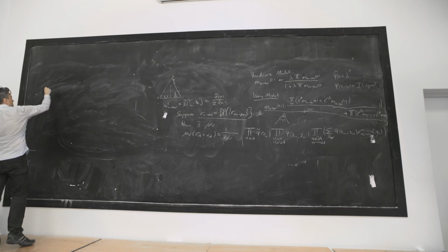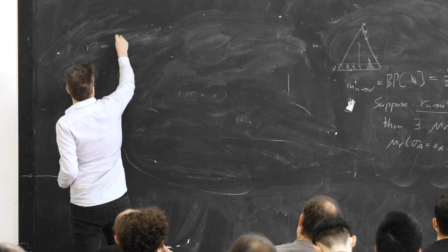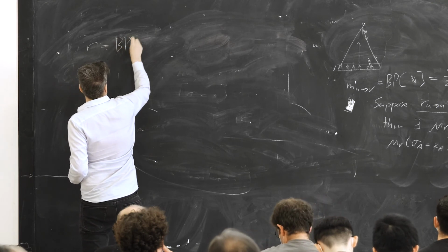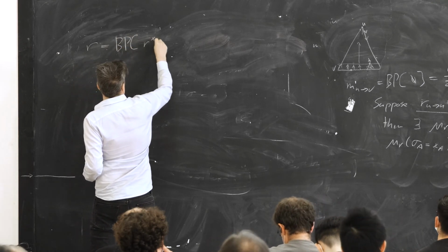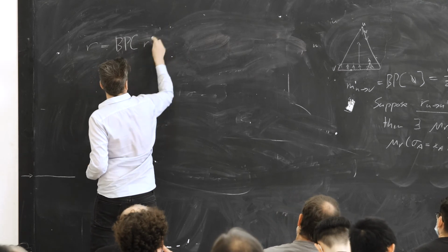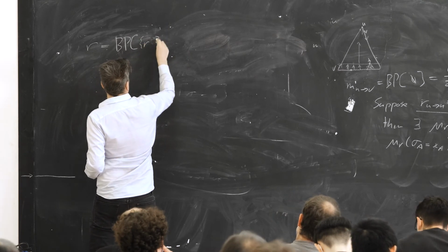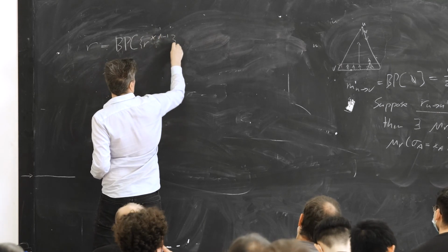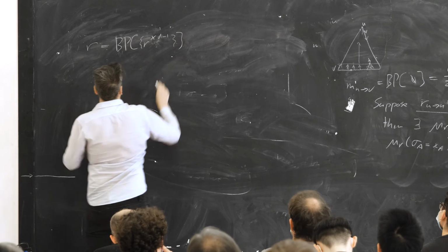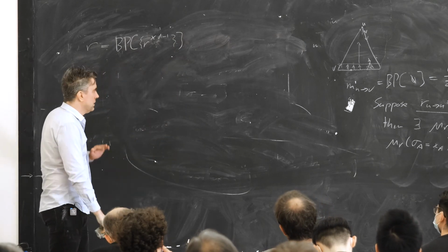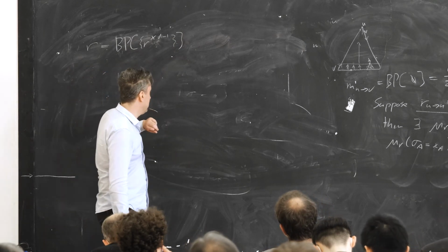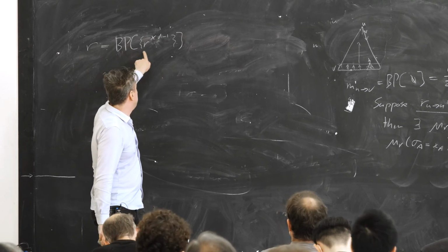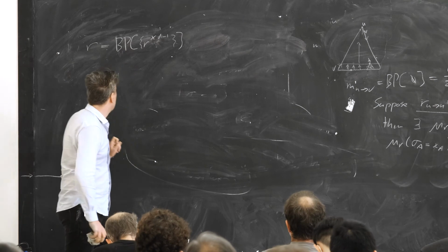Then I can look for an R such that BP of, let's say, d minus 1 times, I'll just write d minus 1 copies of R, equals R. So when it's regular, this is just the d minus 1 incoming vertices.